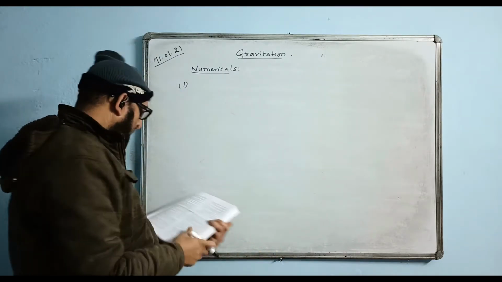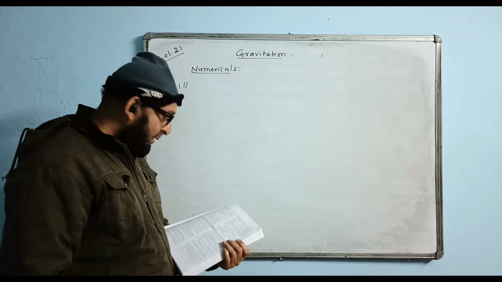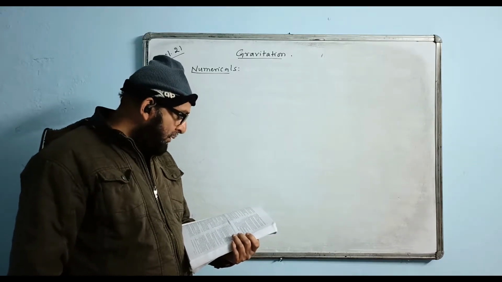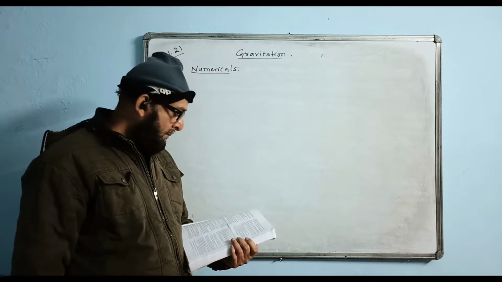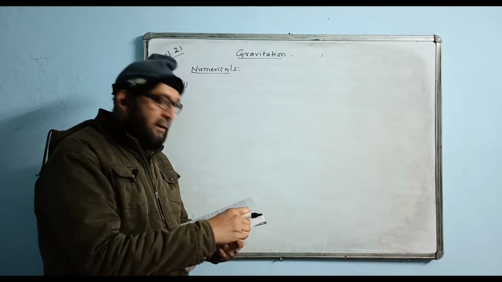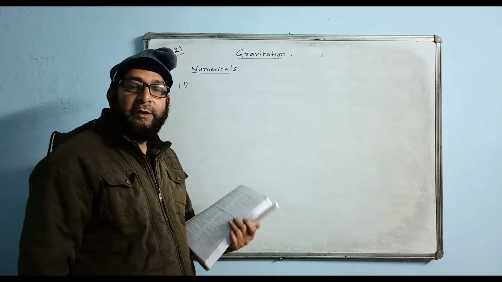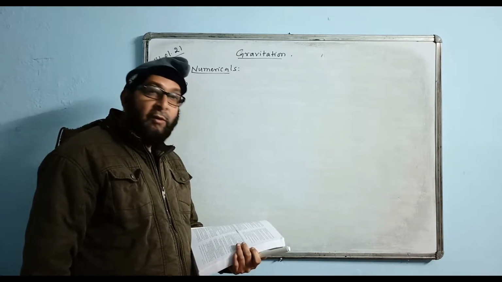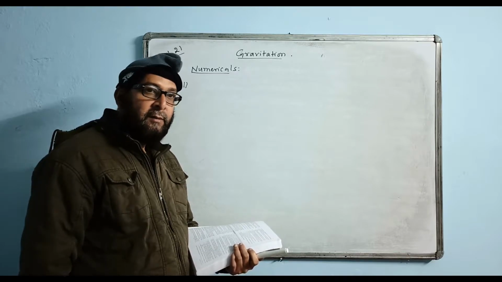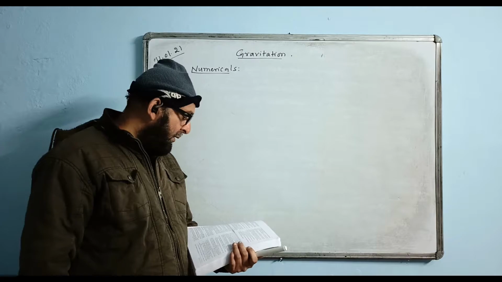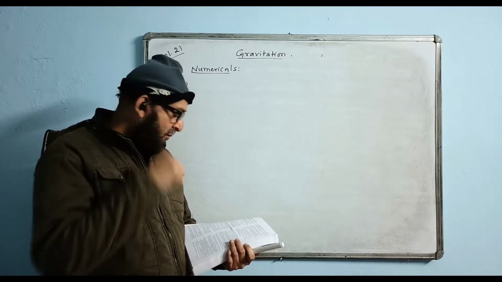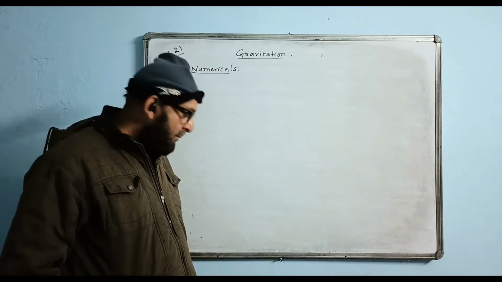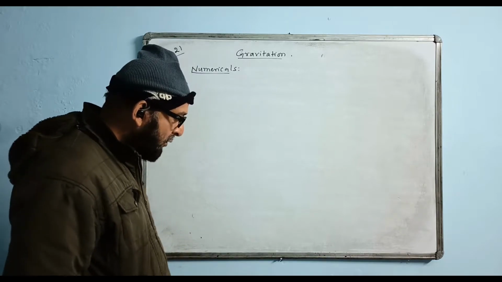It says, if the acceleration due to gravity is 9.8 meter per second square, and the radius of the earth is 6400 kilometers, calculate the value of acceleration due to gravity at a height of 3200 kilometers. Okay, that is the question.